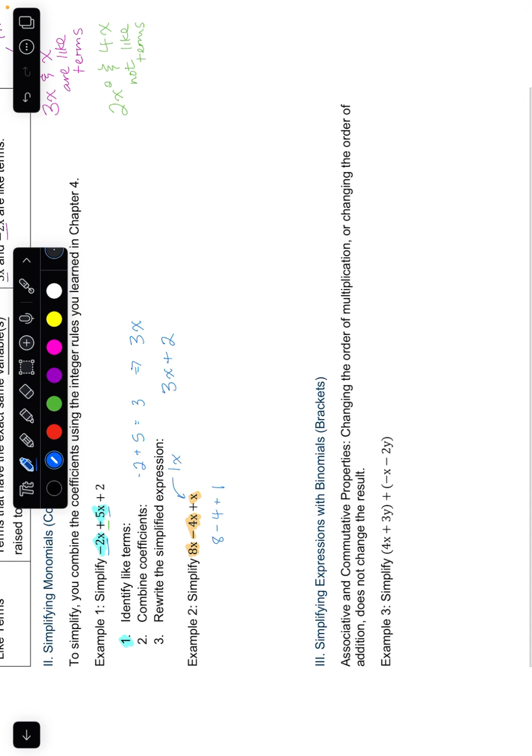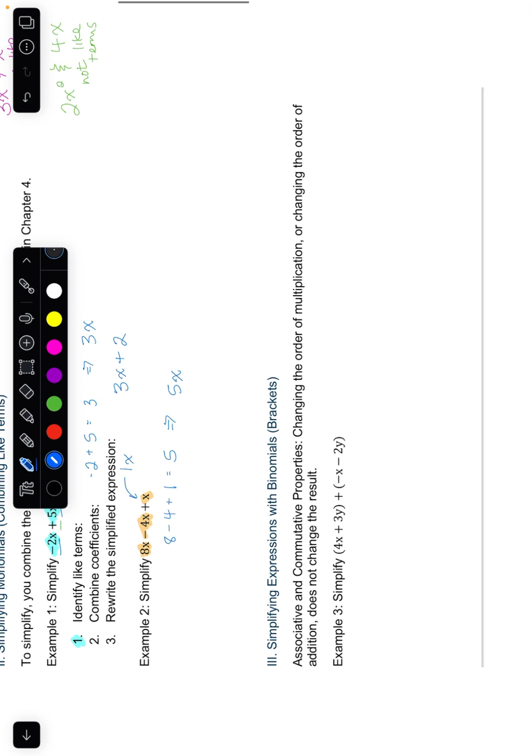So we'll combine those coefficients. 8 minus 4 gives us 4. 4 plus 1 gives us 5. And we can rewrite this as 5x. Okay, it really just means 8x minus 4x plus x is equal to 5x.